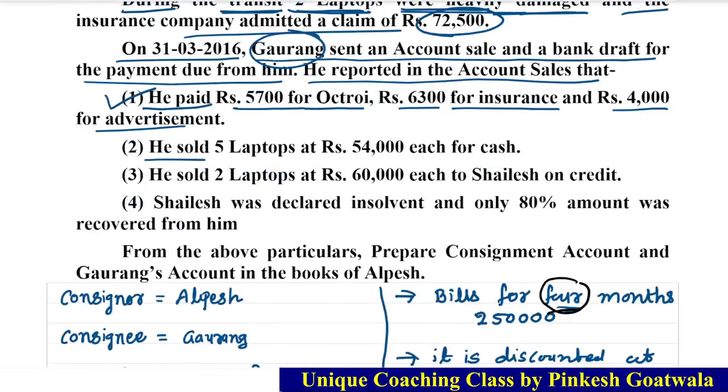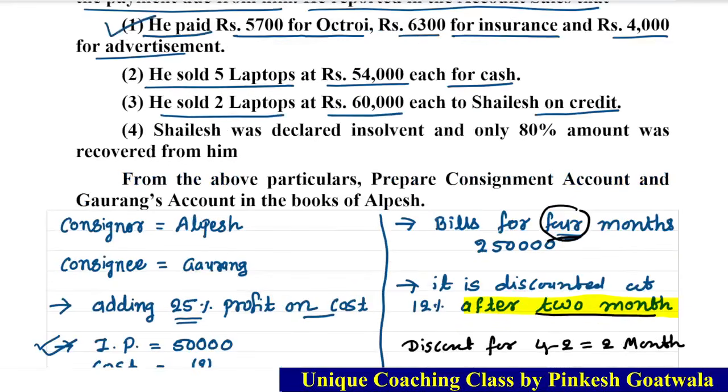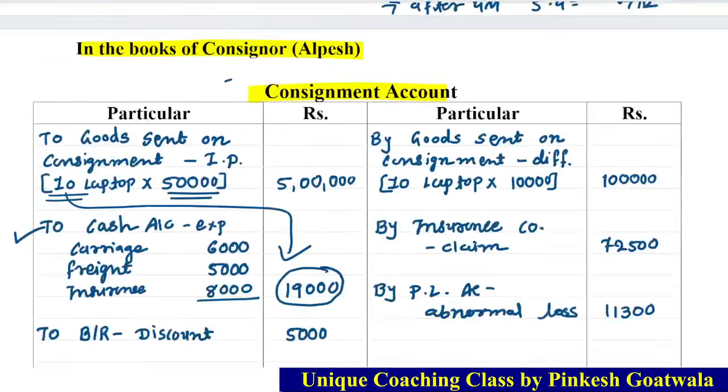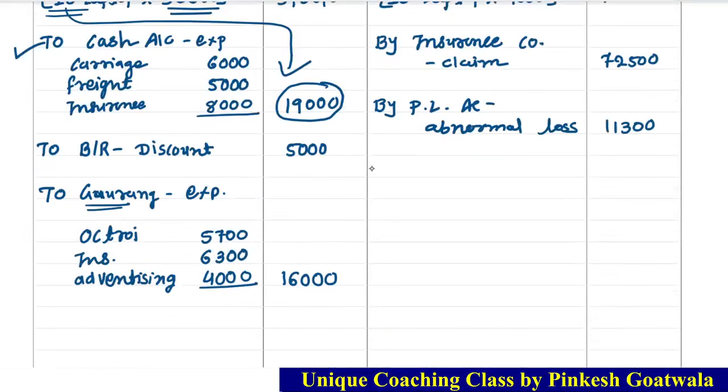Next, he sold 5 laptops at 54,000 for cash, and sold 2 laptops at 60,000 on credit. So he made both cash and credit sales. And in credit, here they give the name Shailesh. Why? Because it's a credit sale. If you sell on credit, the person's name has to be given, to whom the goods were sold. So they give the name of the person to whom the goods are sold on credit. So sale is an entry on the credit side, and this was done by Gaurang.